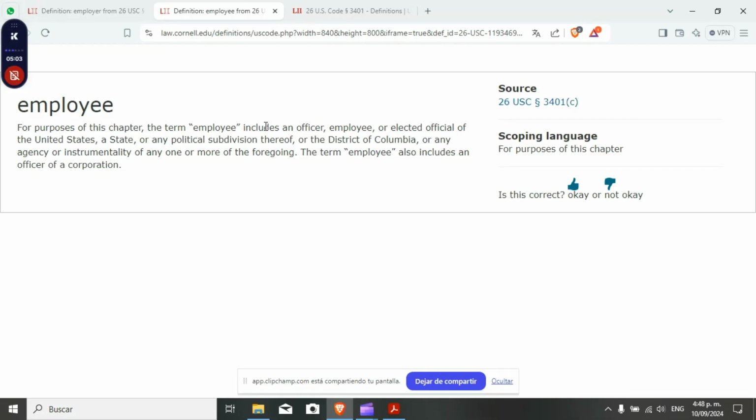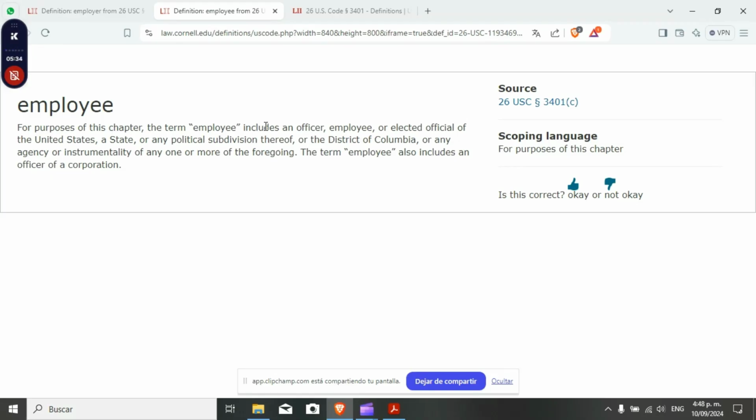Now the interesting thing is that United States there actually means District of Columbia, and District of Columbia actually isn't even talking about the United States government or even the nation of the United States. It's talking about the United States of America, the corporation, which is a whole thing for another video. But just understand that even though it says United States, a state, or any political subdivision thereof, or the District of Columbia, it all means the same thing, which is District of Columbia, which represents the government, right?